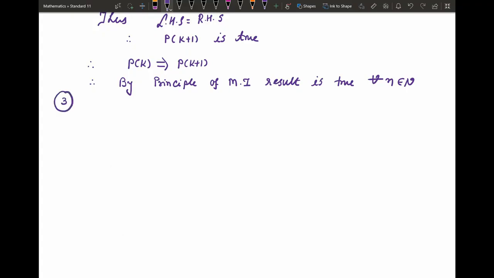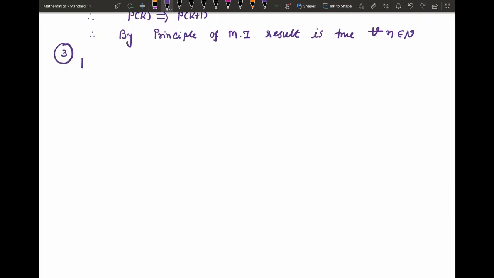We take one more example. Prove that 1 plus 3 by 1 into 1 plus 5 by 4 into 1 plus 7 by 9 and so on.